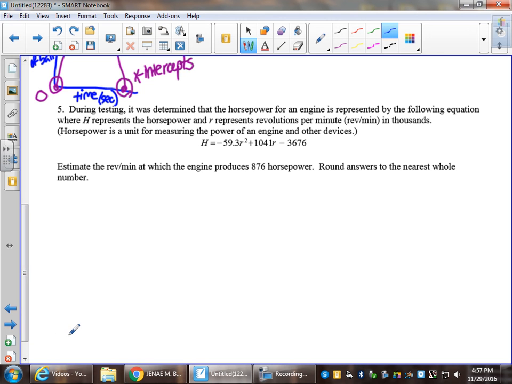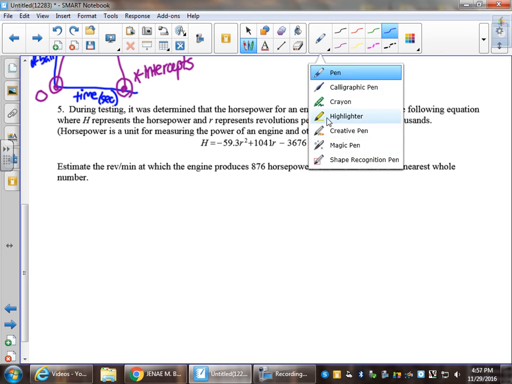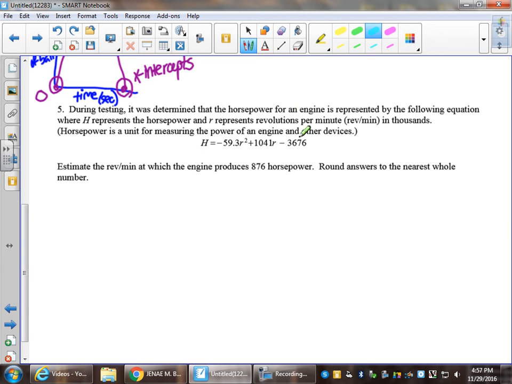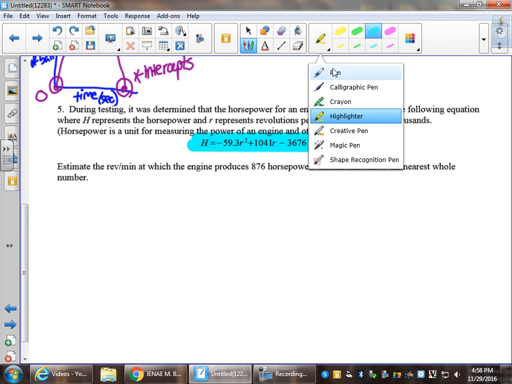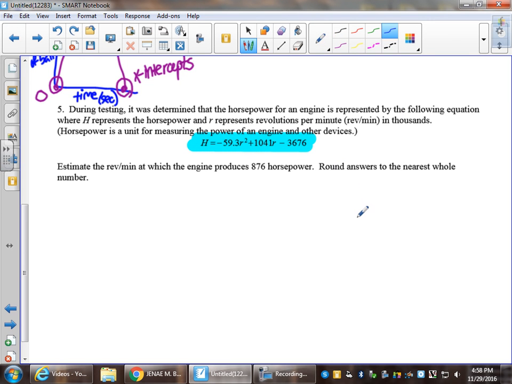Question 5. Haven't even read it, and I see that it gives me a model, so I'm going to highlight it right away. During testing, it was determined that the horsepower for an engine is represented by the following equation, where H represents the horsepower and R represents revolutions per minute.